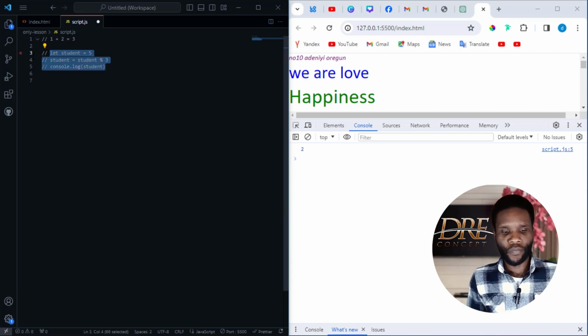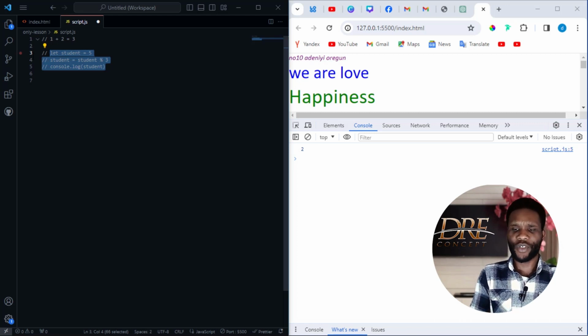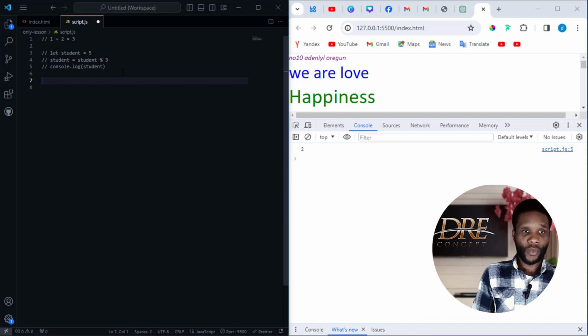So now, there's something called augmented assignment in JavaScript. Augmented assignment. So for example, as we have now, we want to increase it.